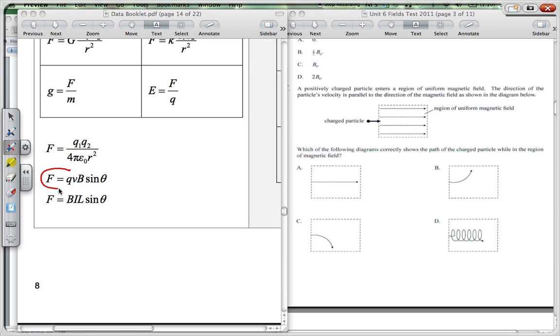This is the force with a charged particle going through a magnetic field, and this sine theta is the angle between the magnetic field and the direction of the charged particle. In this case you can see they are parallel to each other, so this is going to be 0. So this sine theta will actually be 0, and therefore the force is equal to 0. So there's no force going to be applied to this charged particle, so it would just continue straight like that.